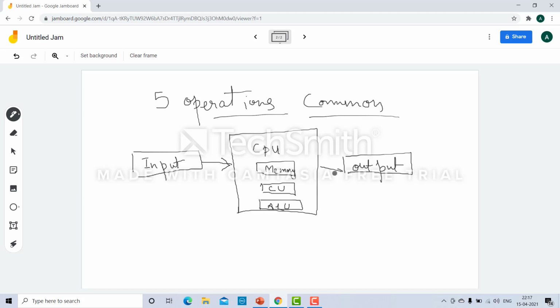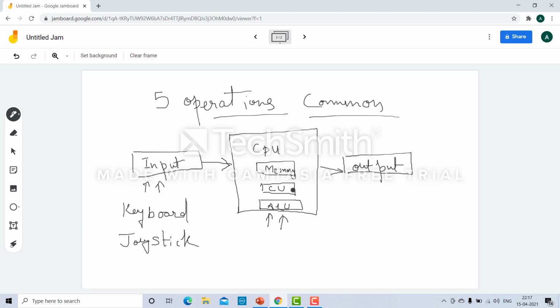So how it works: some input is provided with input devices like a keyboard, or a joystick, or any kind of input device that helps in giving some sort of input to the system. Then the CPU is the processing unit which processes. If it is a calculation, it would be done by the ALU, the arithmetic and logical unit.